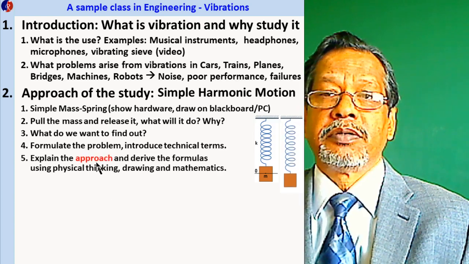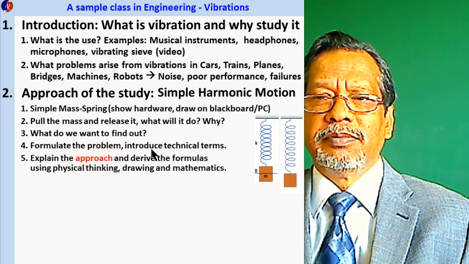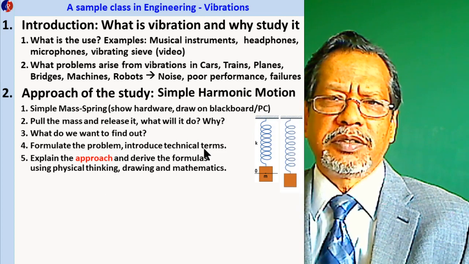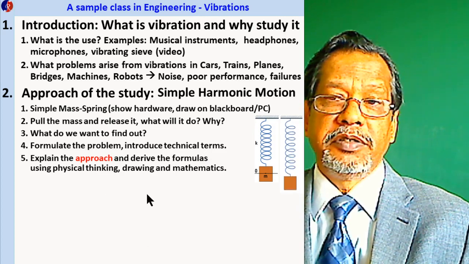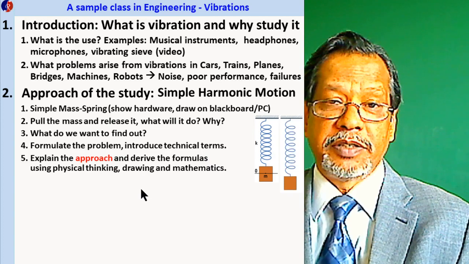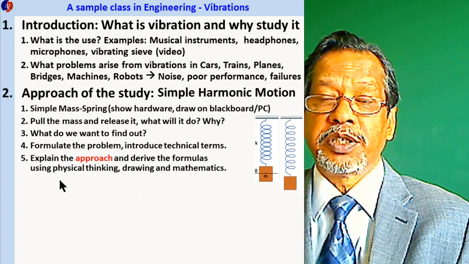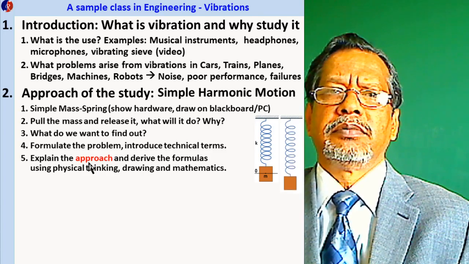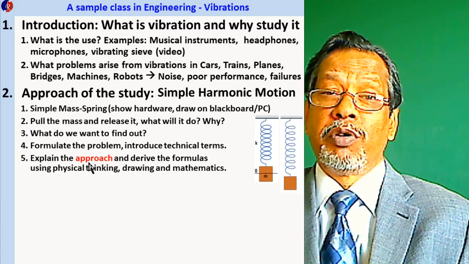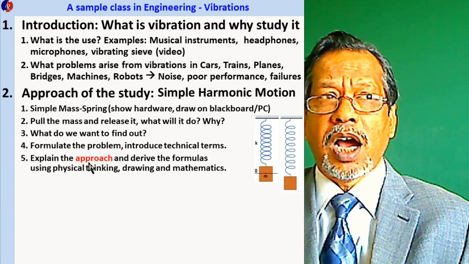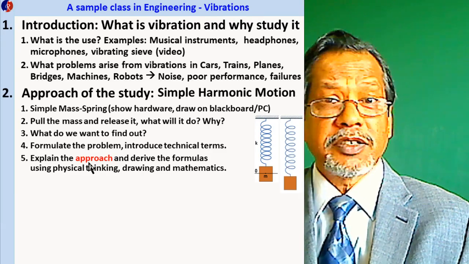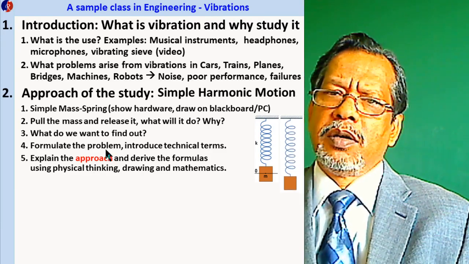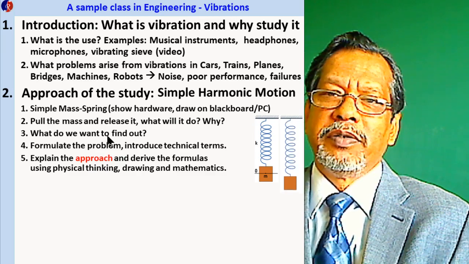Explain the approach. Once you formulate the problem and introduce certain technical terms, you'd have to introduce the technical terms gradually as you go through the explanation. But approach, you have to explain. Before you start deriving the formulas, how are we going to solve this problem? Ask them. First, what do we want to find out?